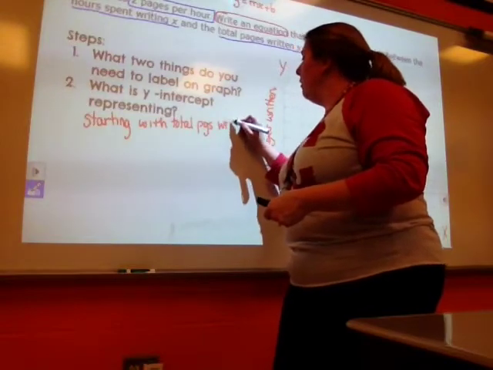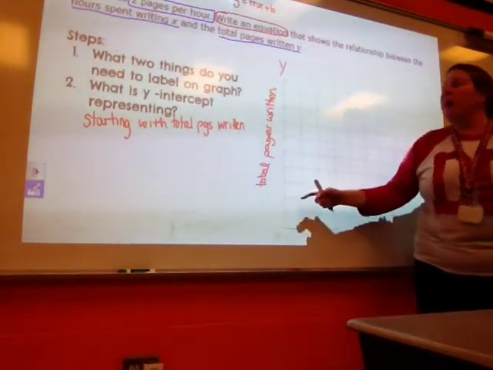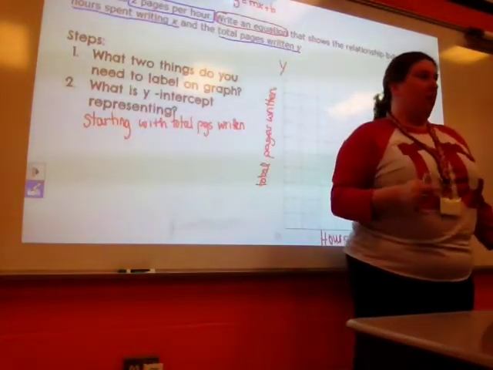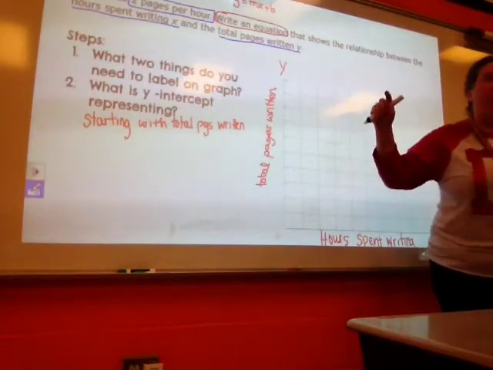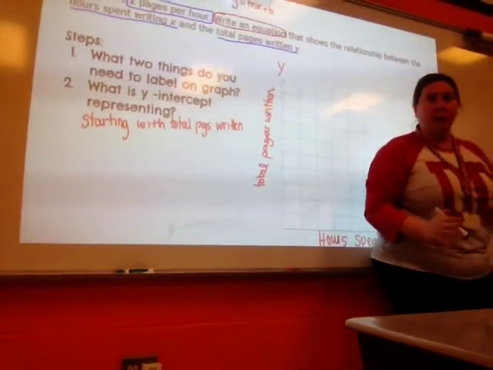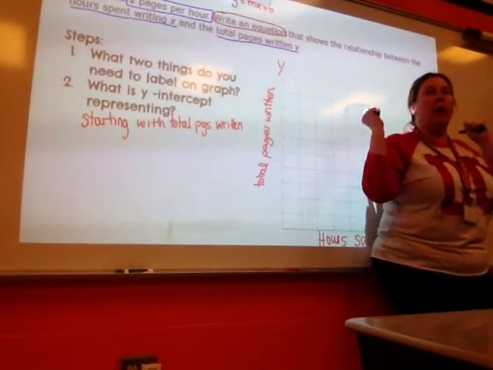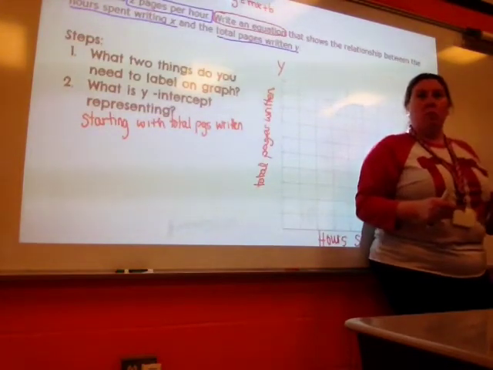Now, how did I know that? Because y is total pages written. So I need to know how many total pages am I starting with? So when I sit down to start writing, how many total pages have I already written? 0.